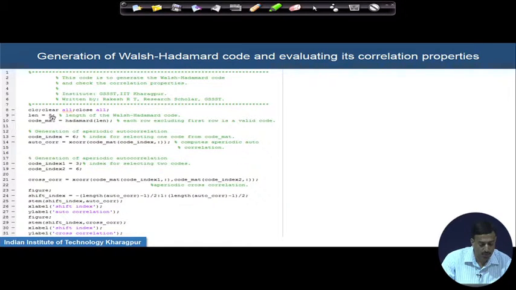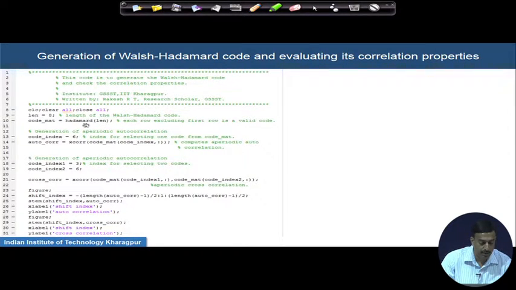In this code we have chosen a length of 8, and we generate the code matrix using the function hadamard, which is a library function in MATLAB, and it takes the length as a parameter.